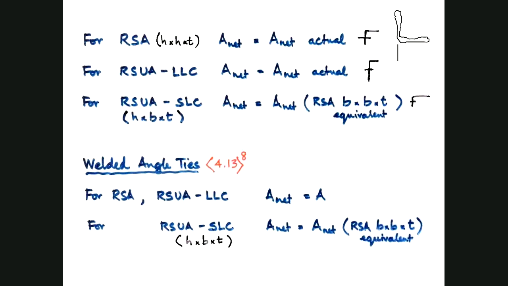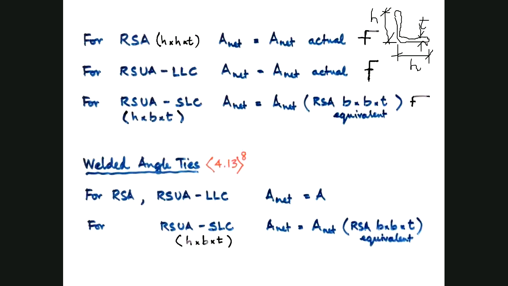That's the height, and the other one, so it's an equal angle, both legs are the same length, and then the thickness. That's the thickness of the section. Okay, so in this case, A net is equal to the A net actual, whatever the actual net area is.